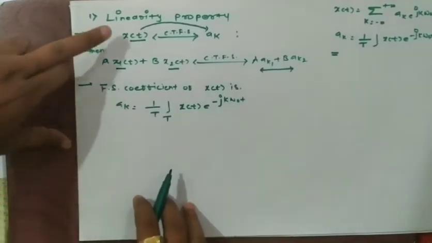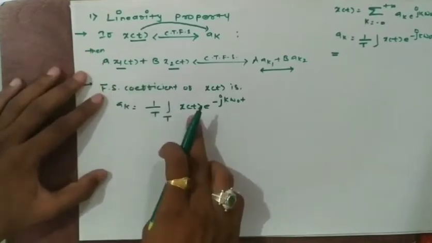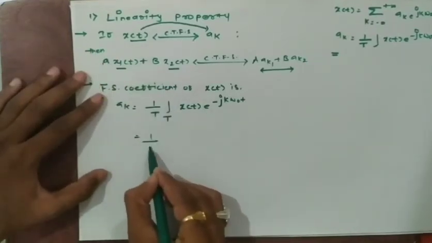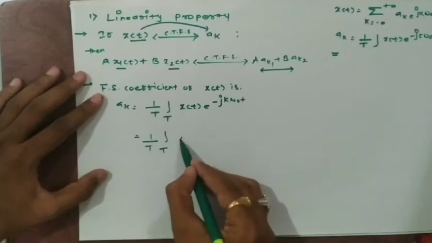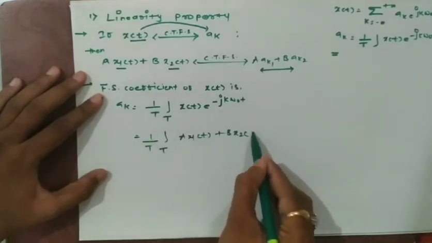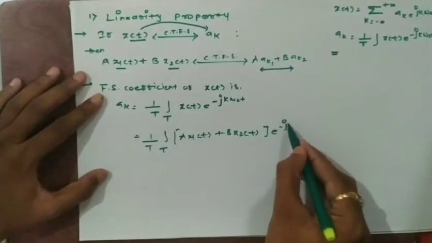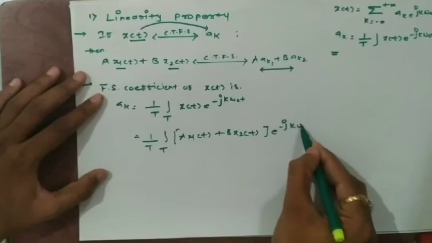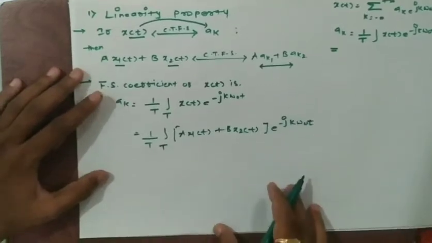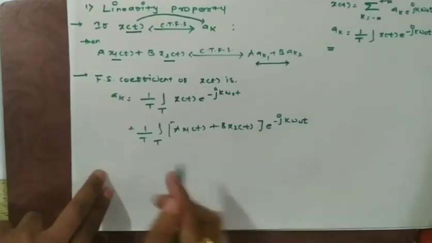Now instead of x of t, we are using a linear combination of input signals, which I can write out here, and this becomes 1 by T integration of a x1(t) plus b x2(t), and now this is multiplied with the exponential term e raised to minus jk omega naught t. Once it is over, we'll move on to splitting the terms.